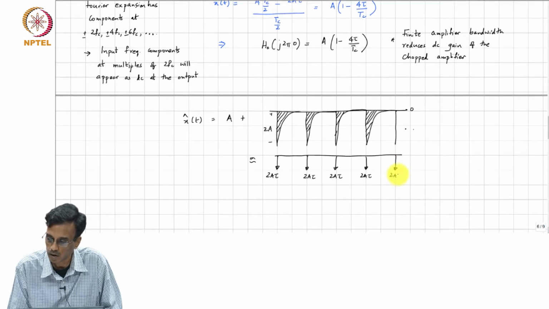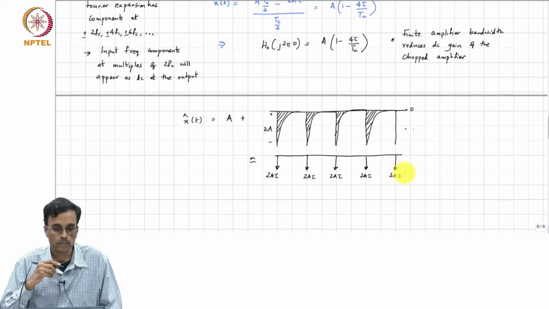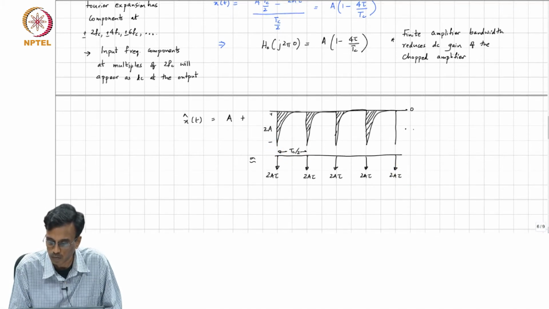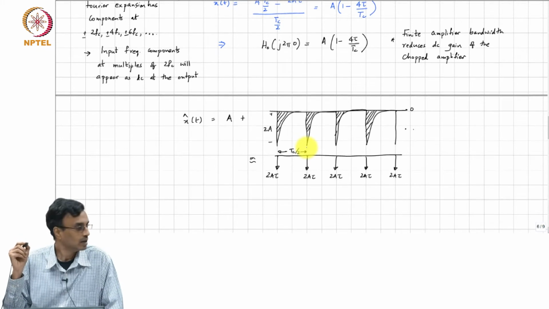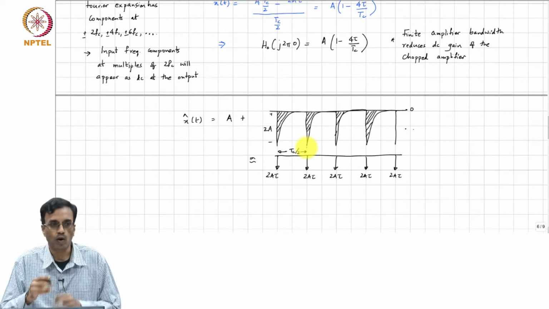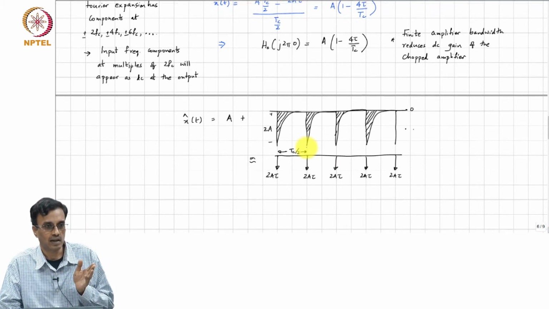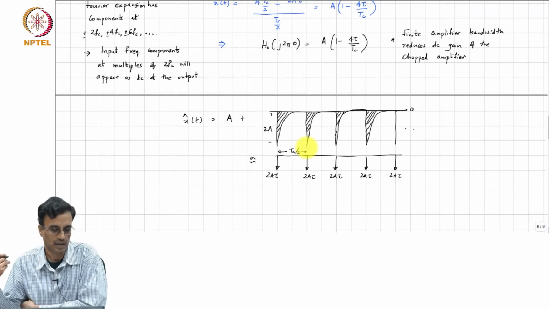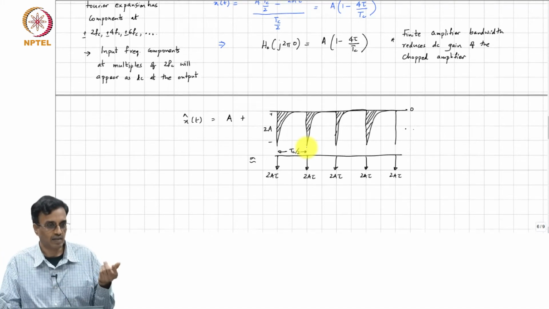All right, and this is nothing but DC by 2, right. And if you have a periodic impulse train, you know that its Fourier transform is also an impulse train, and all the Fourier coefficients have the same value.